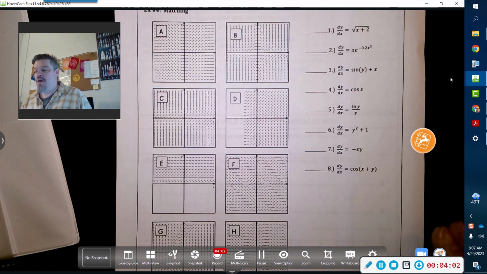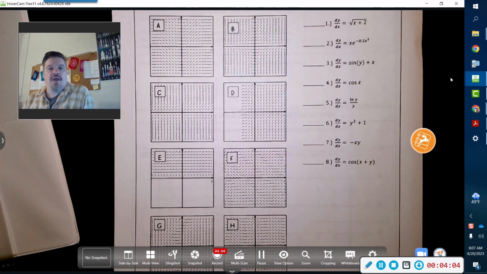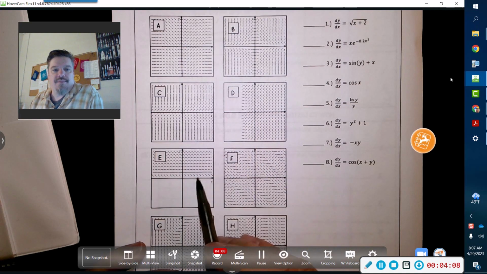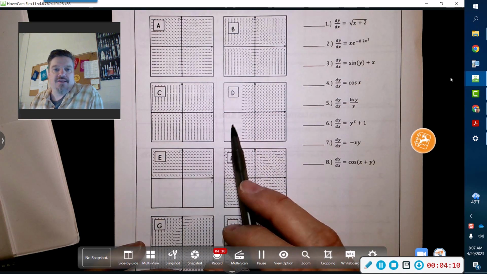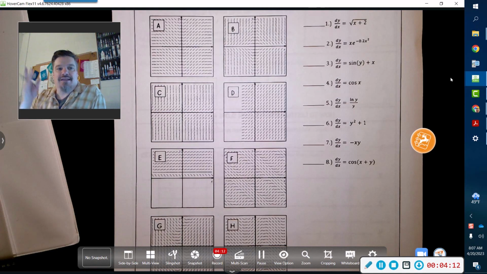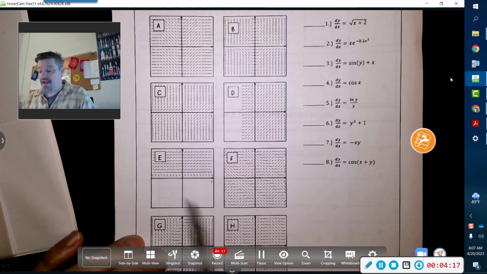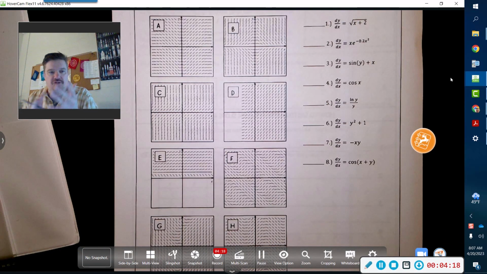First of all, what sticks out the most for me are the ones that are missing these patches. If you're missing an entire domain or a range, then you know that there are restrictions. There are some things that don't exist for the particular equation.